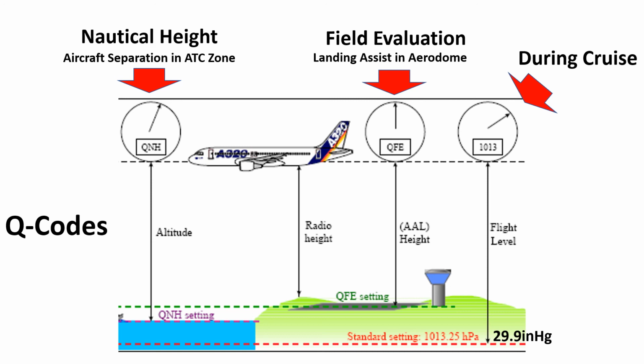Then the altitudes of different aircraft can be grouped into different levels. So there are two Q codes we need to pay attention to. One is QFE for field elevation. The other is QNH for nautical height, for aircraft control.